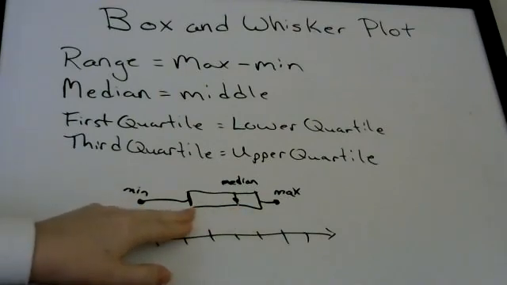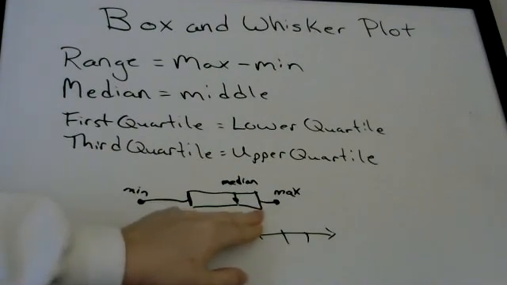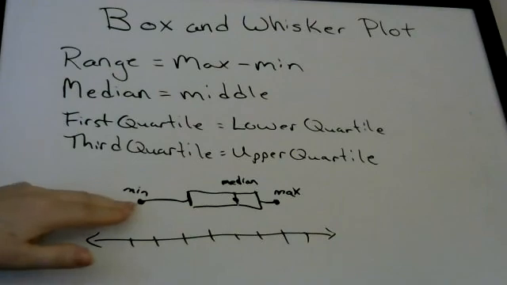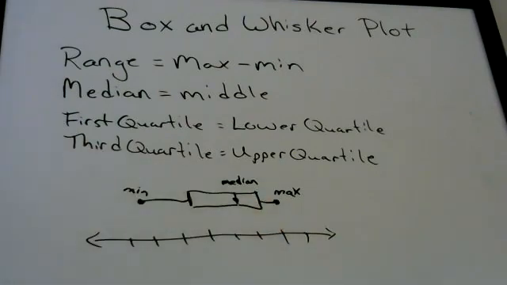So this means that it's kind of 25% of your data is up to here. This is the upper quartile or the third quartile. So 75% of the data. So this is what it looks like. And then it's just being able to say what those things on the plot represent.